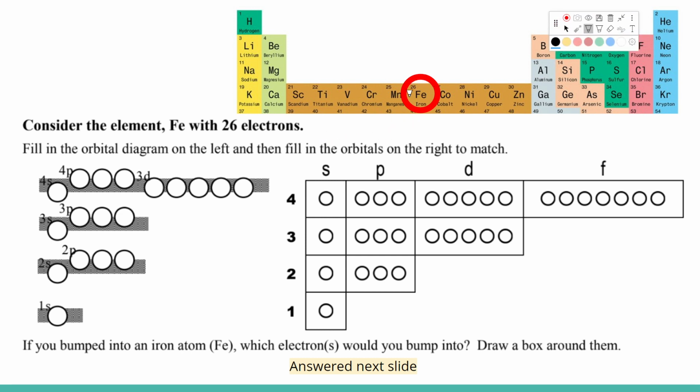So we have 26 total electrons, and so filling out that orbital diagram, we have 1, 2, 3, 4, 5, 6, 7, 8, 9, 10, 11, 12, 13, 14, 15, 16, 17, 18, 19, 20, 21, 22, 23, 24, 25, 26. So if I had to write the electron config, I would just go in order from 1s2 up to 3d6. Cool.